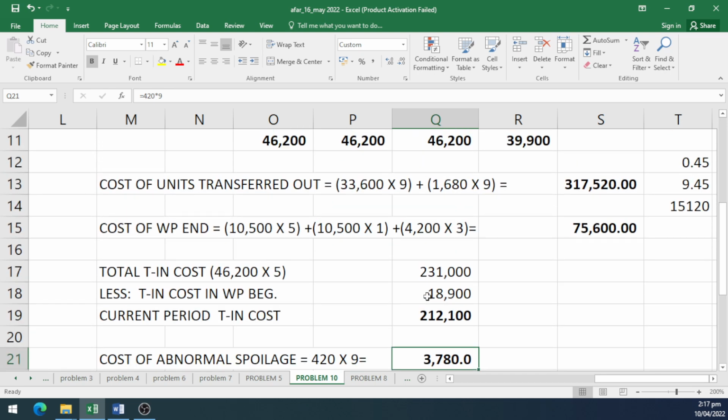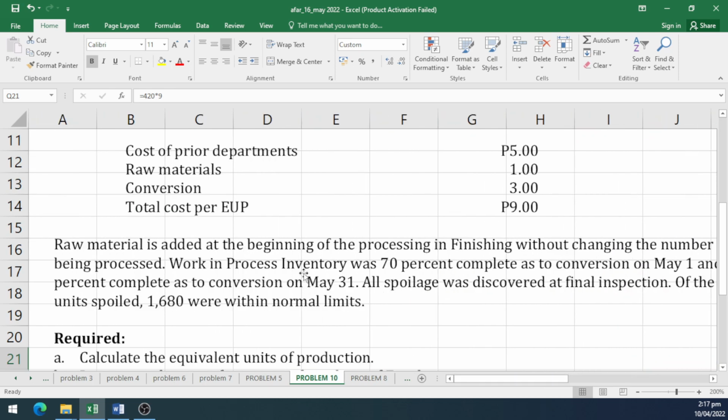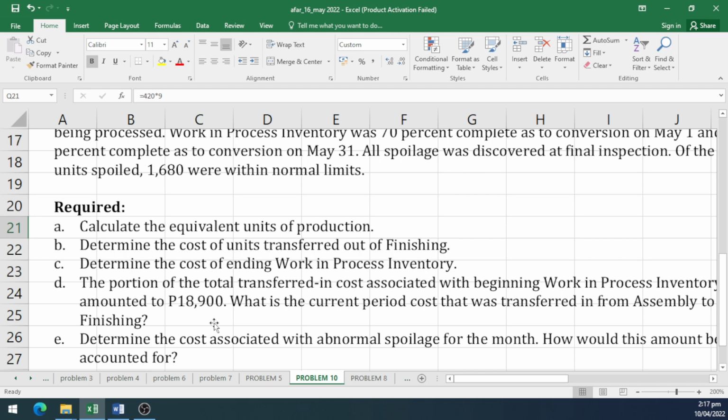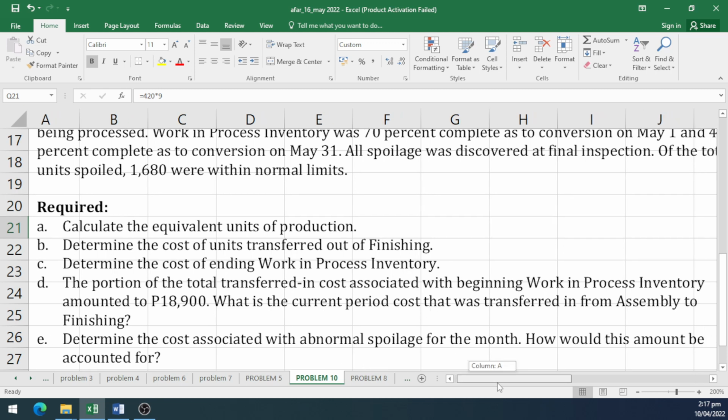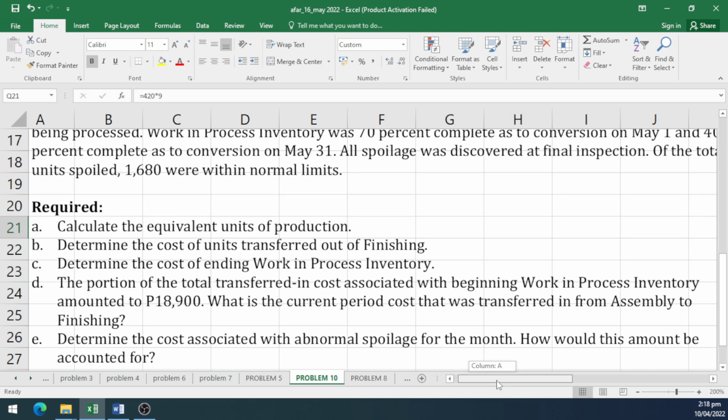Okay? And yung isang requirement is the portion of the total transferred in cost associated with beginning work in process inventory amounted to 18,900. What is the current period cost that was transferred in from assembly to finishing?